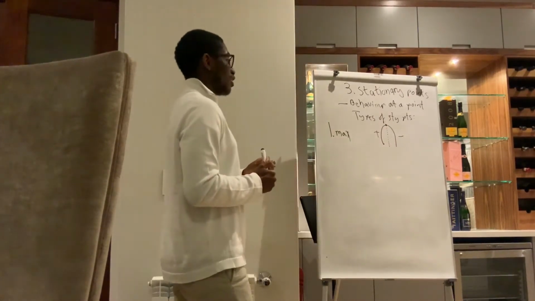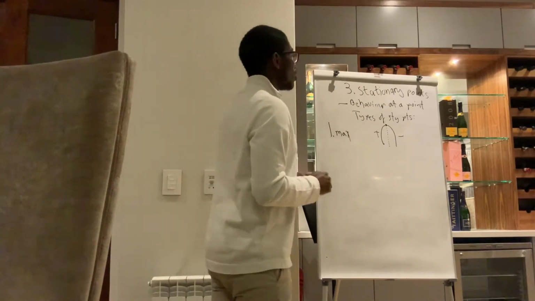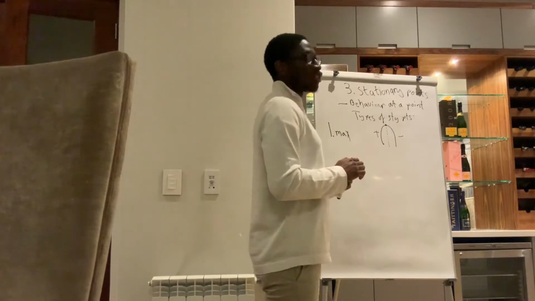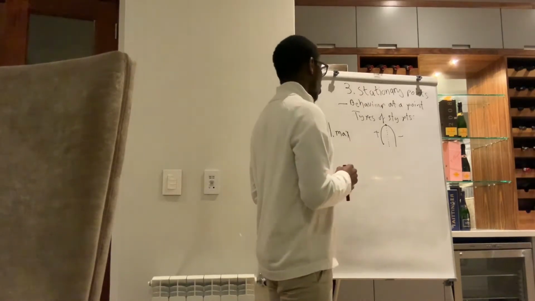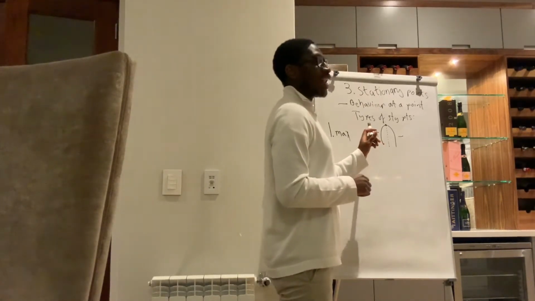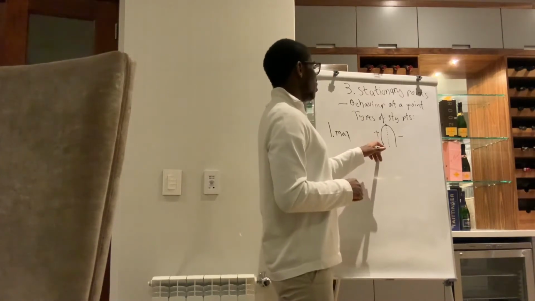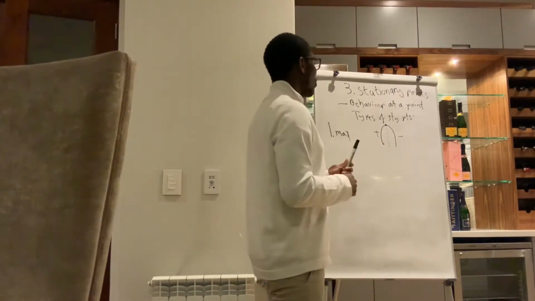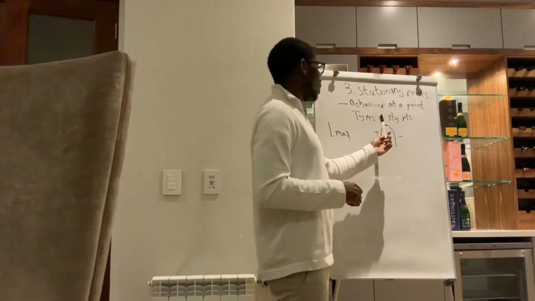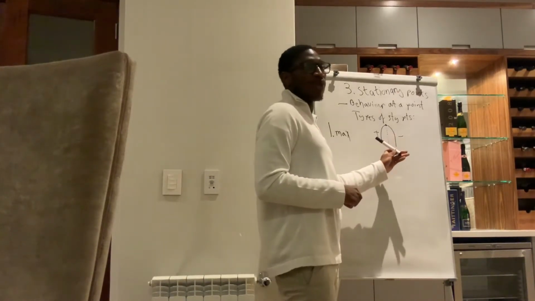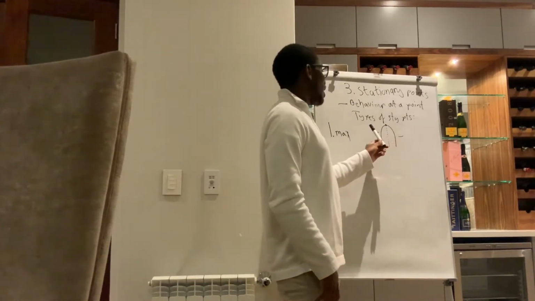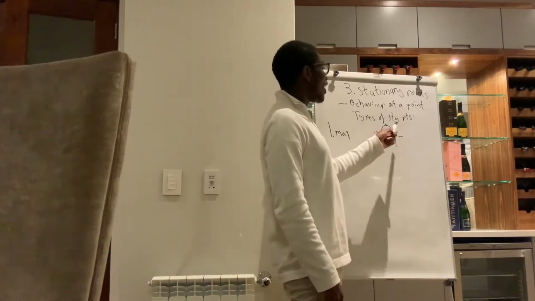I'm going to get into this in more detail, but this is one of the 2 main ways I'm going to teach you to classify a stationary point. This method is a graphical method. It would involve finding a stationary point, then plugging in values to the left of the stationary point, seeing what the derivative is at that point, and then assessing the derivative of the function to the right of the stationary point.